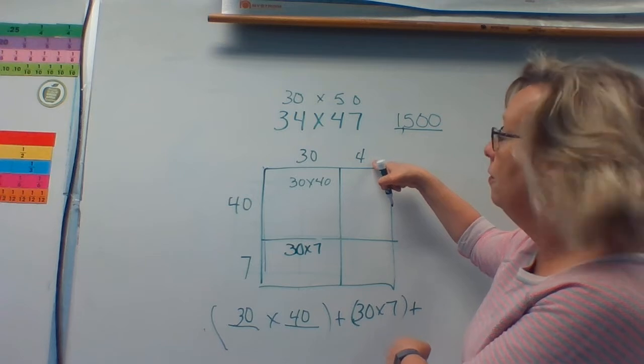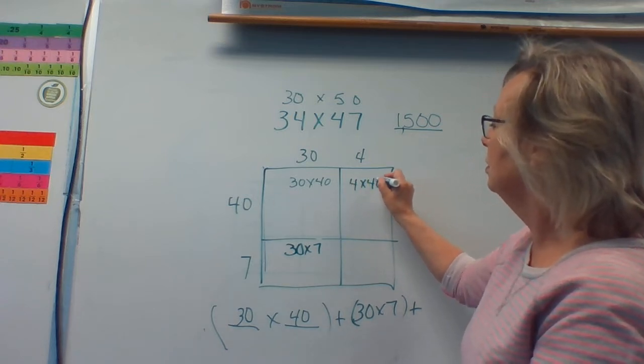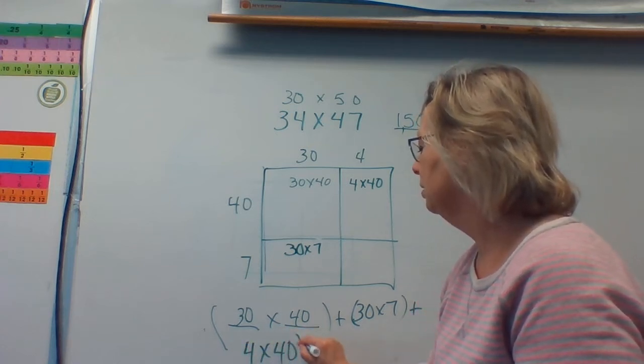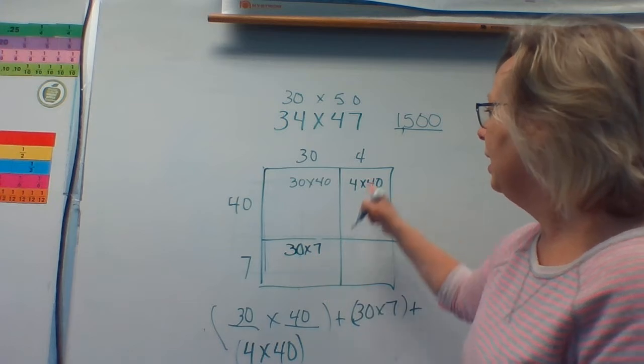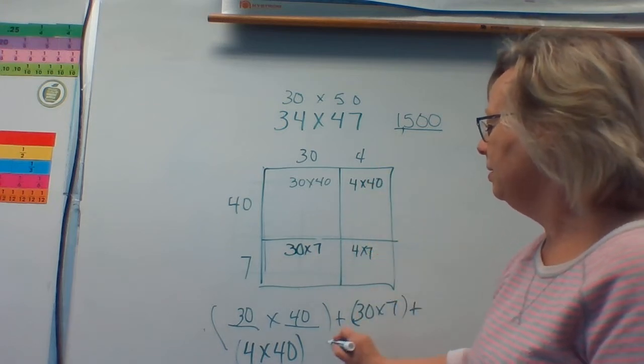This, I'm going to take my 4 times 40. 4 times 40. And my last equation, 4 times 7.